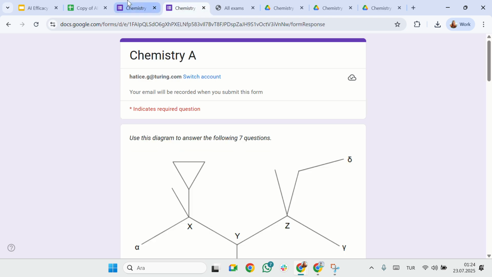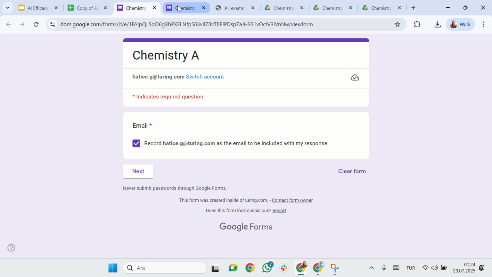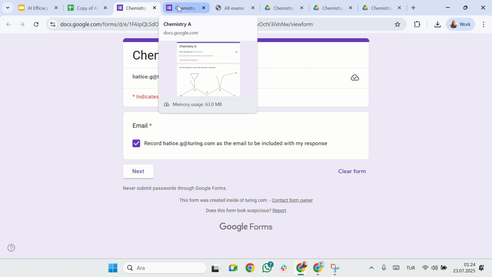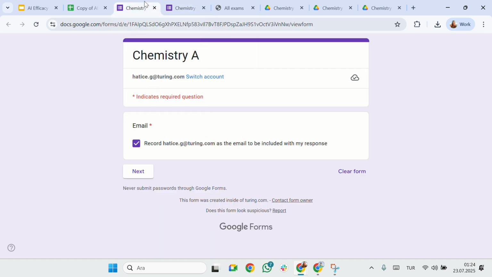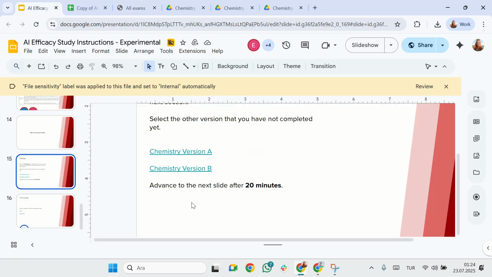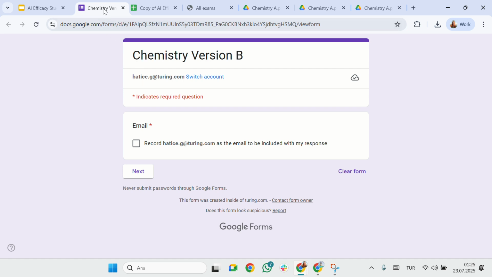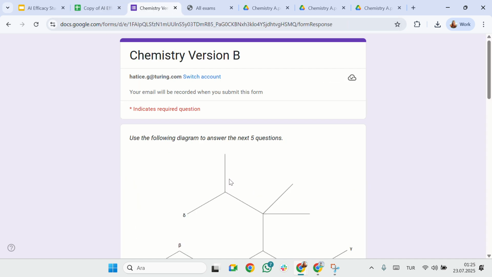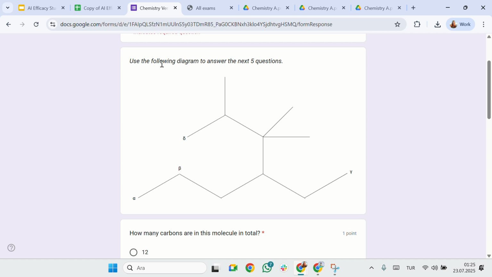Well, these are both chemistry A. Why? I need to solve chemistry B. Okay, let's open this in here. Yeah. Okay. Use the following diagram to answer the next 5 questions.